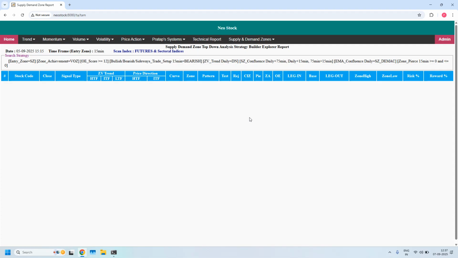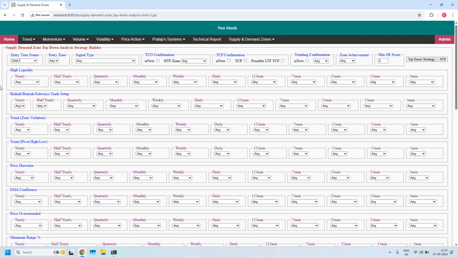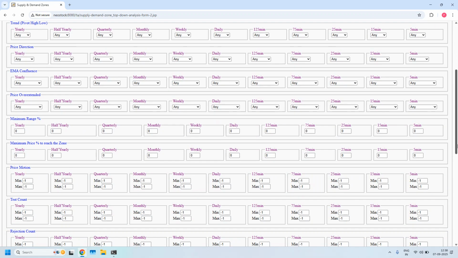Next, let us look into hourly income trade reports. Entry time frame 5 minutes, entry zone demand zone, bullish or bearish or sideways at 5 minutes. I am selecting sideways long. Zone achievement violated opposing zone. Minimum odd enhancer score 11 for sideways. And 5 minutes demand zone should not be pierced.